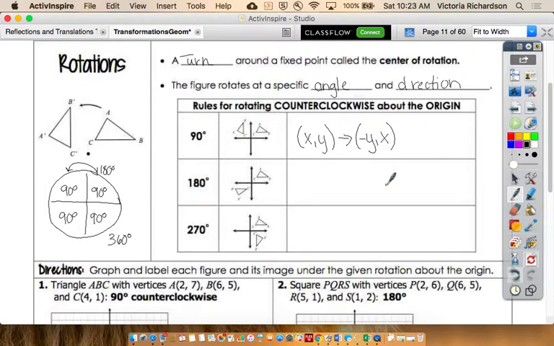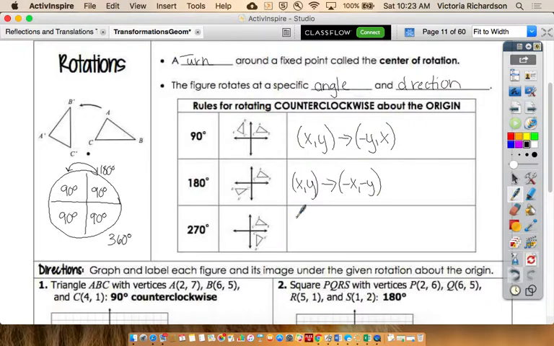If we have a 180-degree counterclockwise rotation, the x and the y stay in the same place, but they both switch signs.